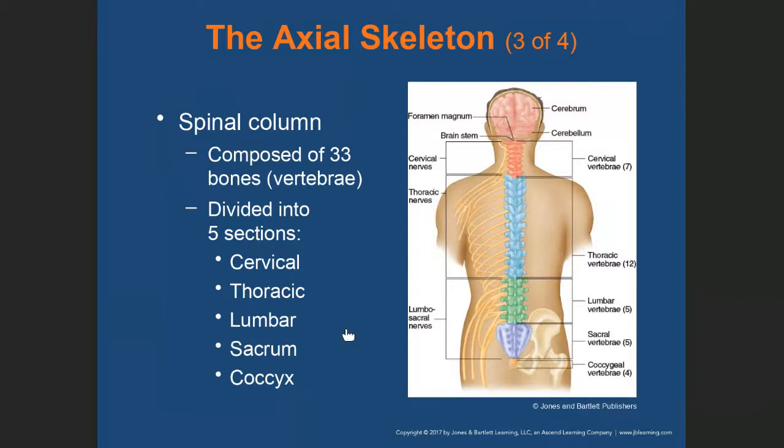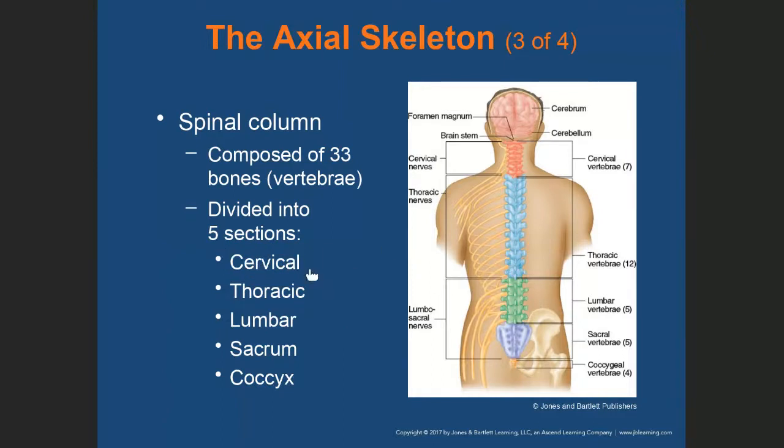So that's the skull. Then you have the spinal column, which is composed of 33 bones or vertebrae. One vertebra, multiple vertebrae. It is divided into 5 sections.